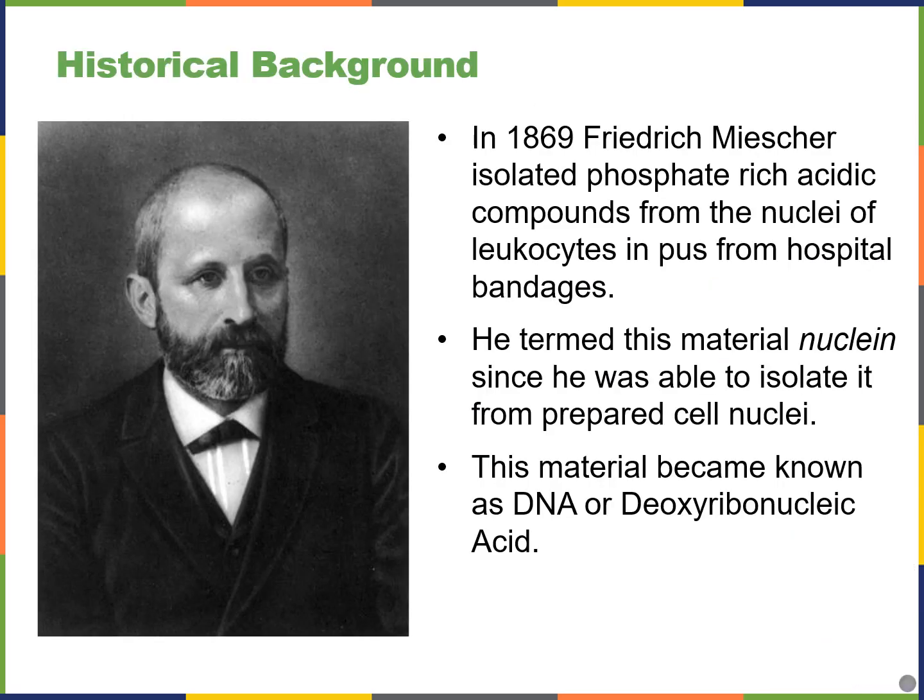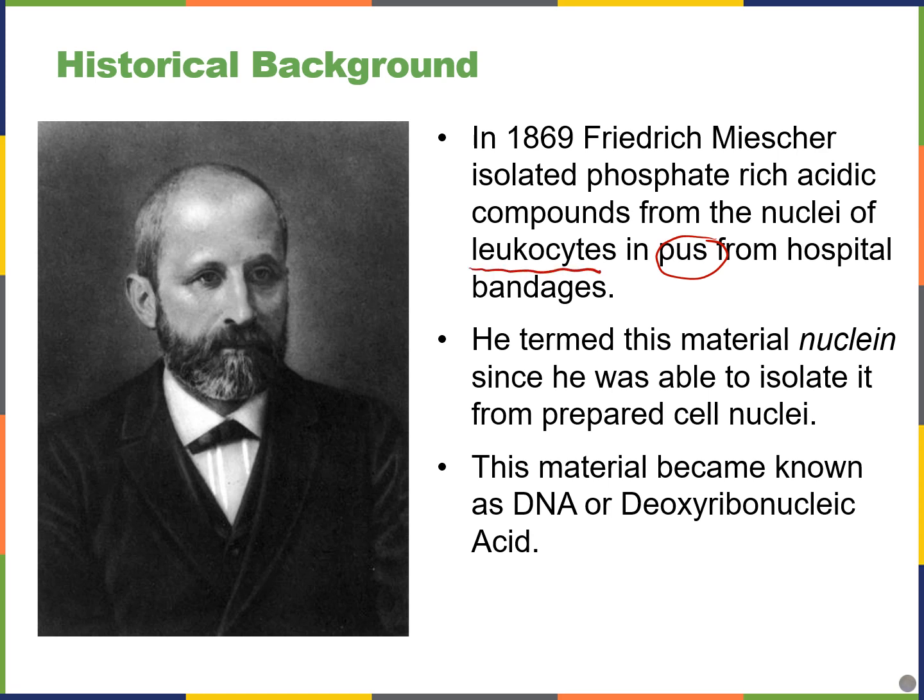So how did we discover DNA and eventually figure out that it is our genetic material? It really starts back in the 1800s with this doctor, this physician, Friedrich Miescher, who was a curious guy. He decided to look at pus from hospital bandages because he knew that this pus was high in leukocytes, these white blood cells.